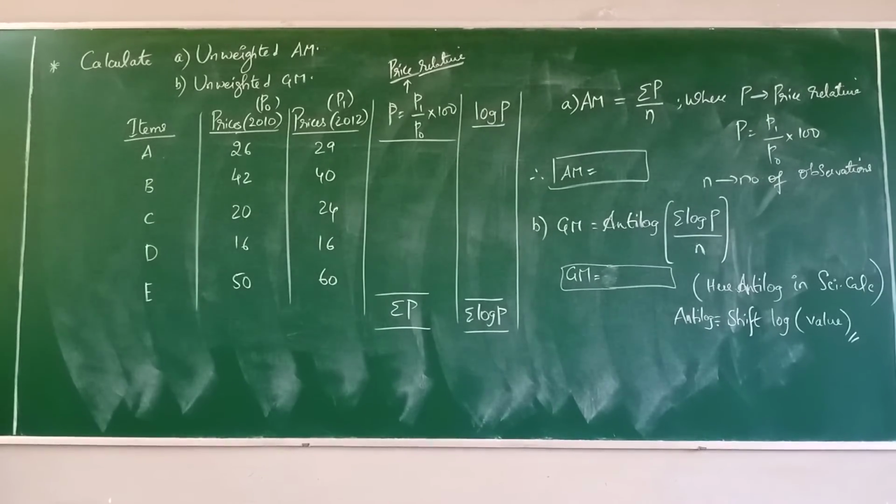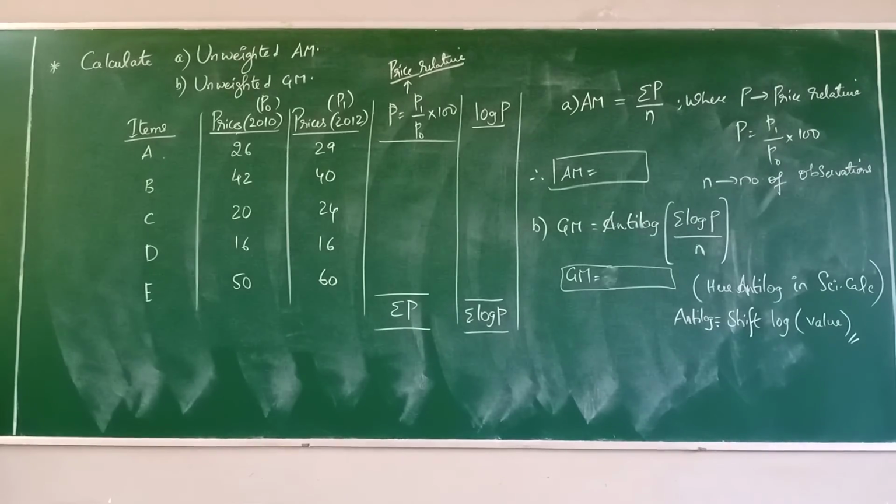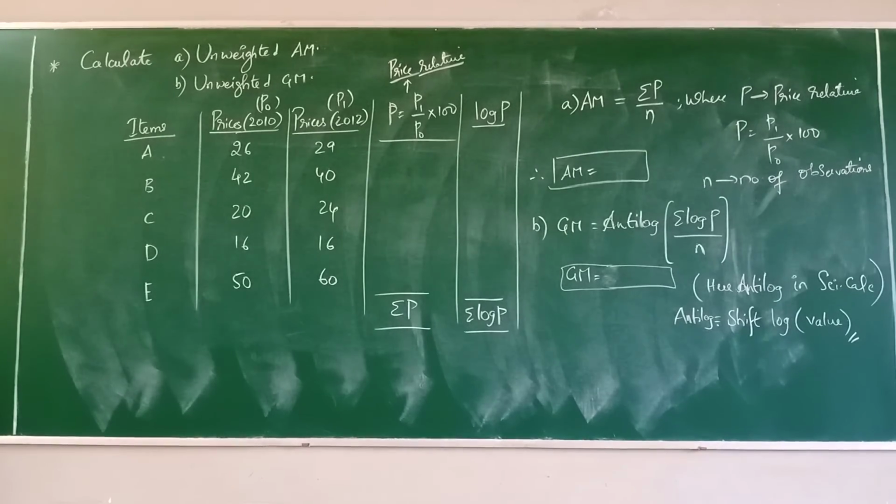Individually it has to be calculated. For item A, P1 29 divided by P0 26 multiplied by 100. For item B, 40 divided by 42 into 100. Write that value. Next 24 divided by 20 into 100, then 16 divided by 16 into 100, and 60 divided by 50 into 100. So here you need to calculate the price relative P1 by P0 into 100, remember.